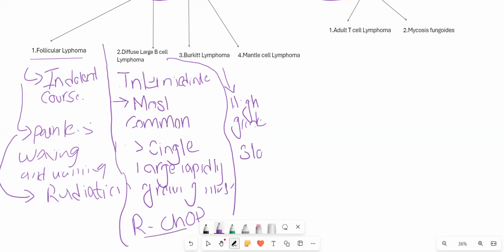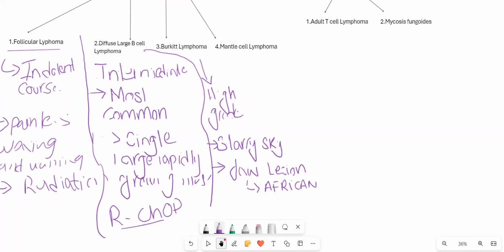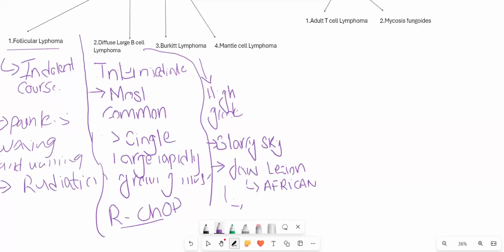It presents as a jaw lesion in African people, while in American people it is an abdominal lesion.